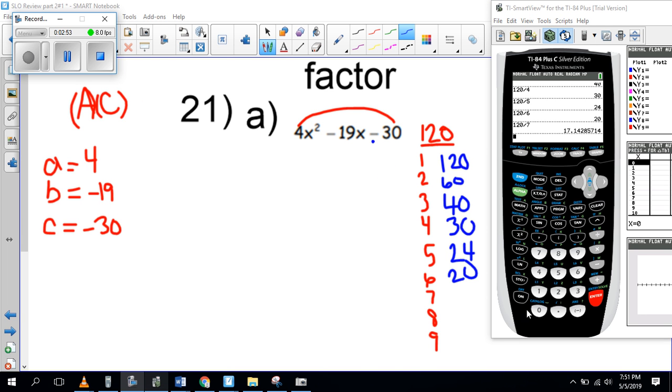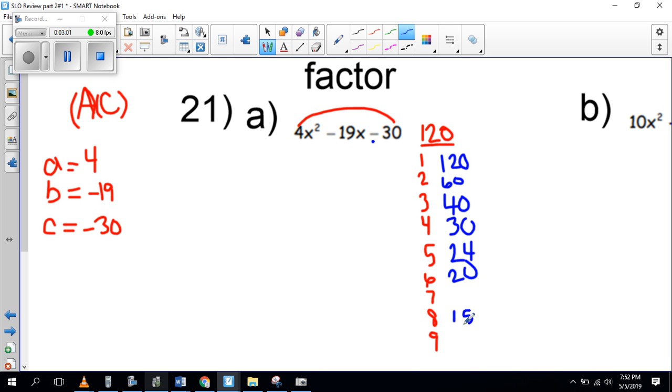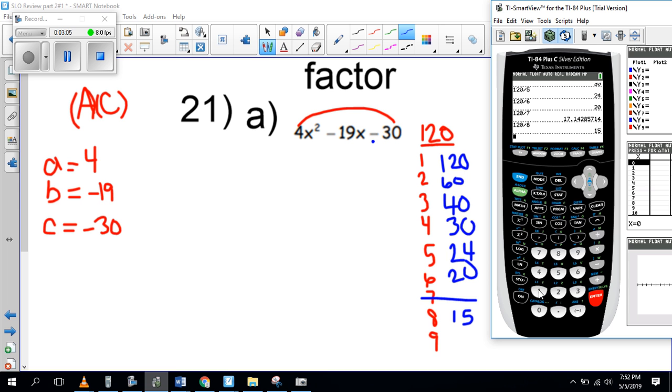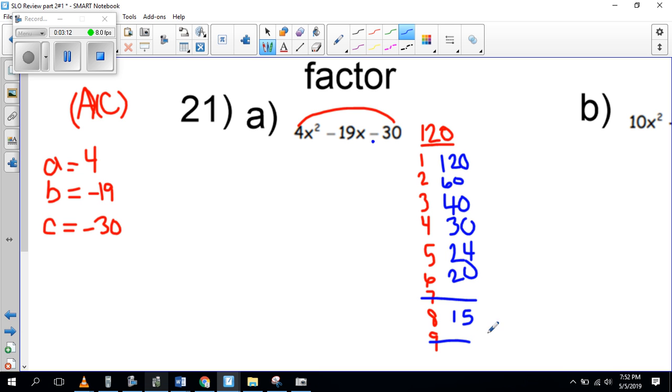Okay, we get a decimal when we divide by 7. Now we do 120 divided by 8. We get 15. And then 120 divided by 9, and we get a decimal. So we have a lot of possibilities.